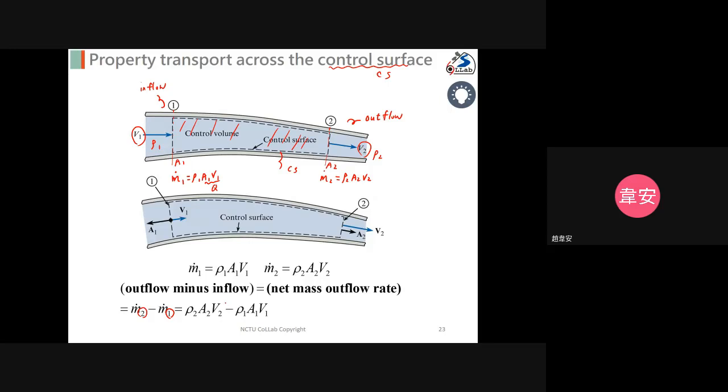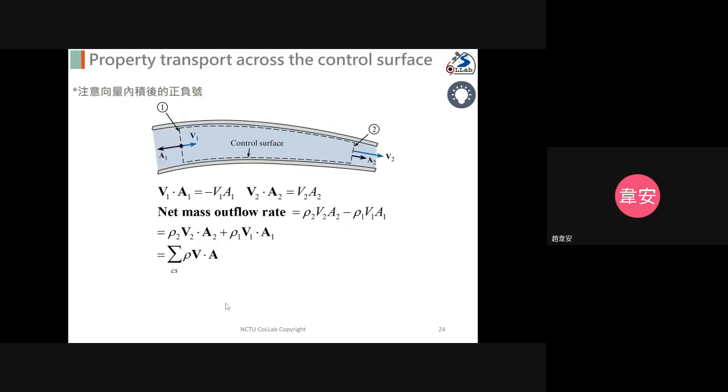But if we consider the dot product, you see the mass flow here is the cross-section area vector multiplied by the flow velocity direction vector.